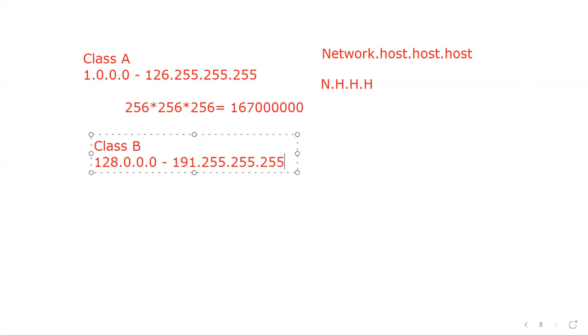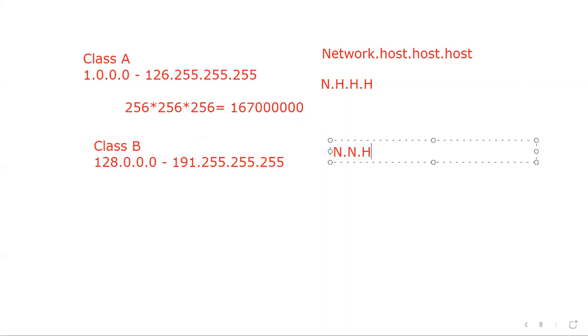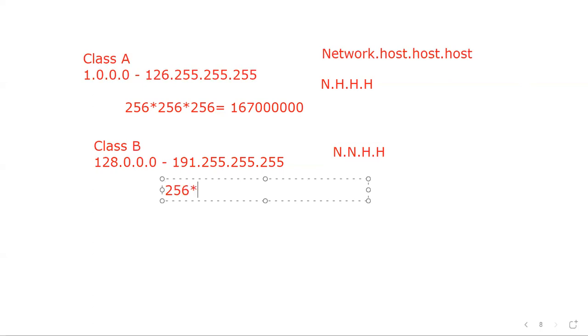Okay. So in class B, two are fixed for host and two are fixed for network. So how many IPs can we assign? 256 into 256, which is 65,536.